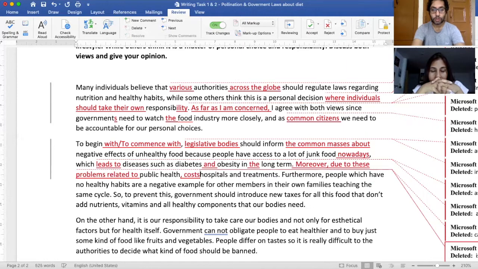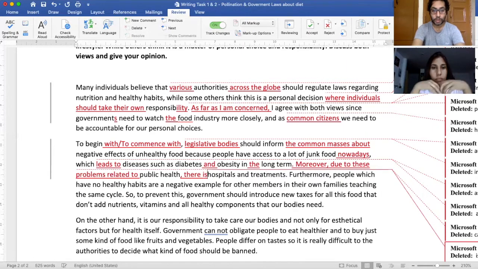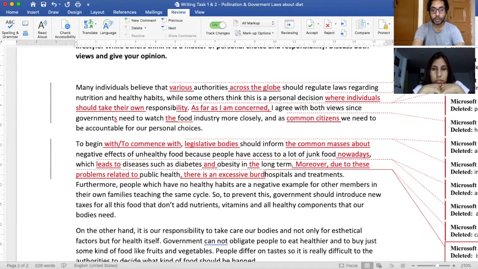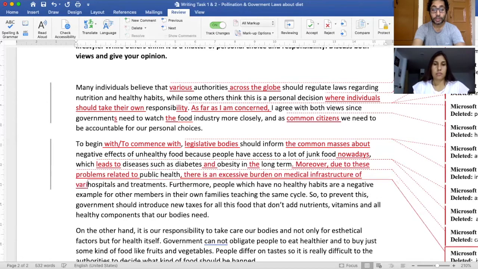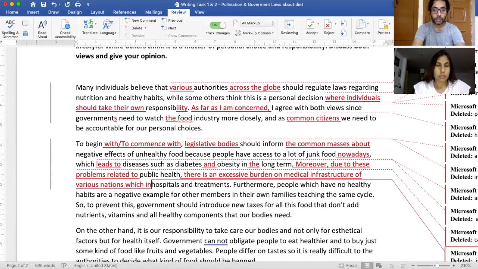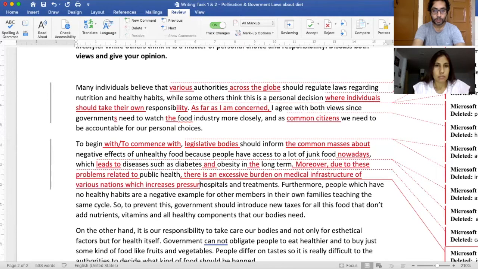There is an excessive burden on the medical infrastructure of various nations, which increases the pressure on hospitals.